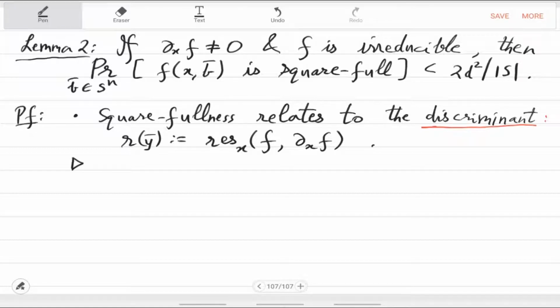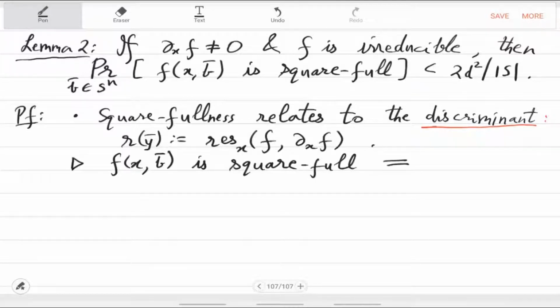Recall by the properties of the resultant that f with y bar fixed to b bar is square full if and only if b bar is a root of the discriminant.